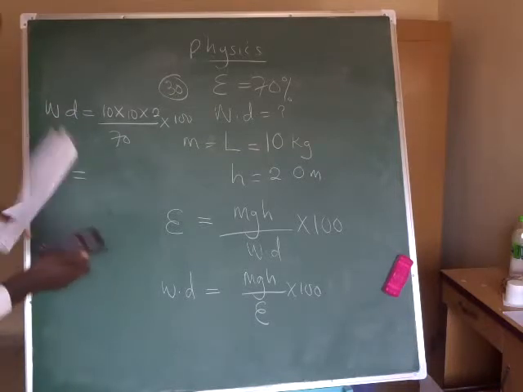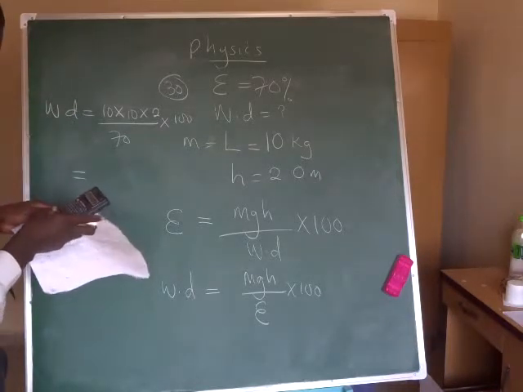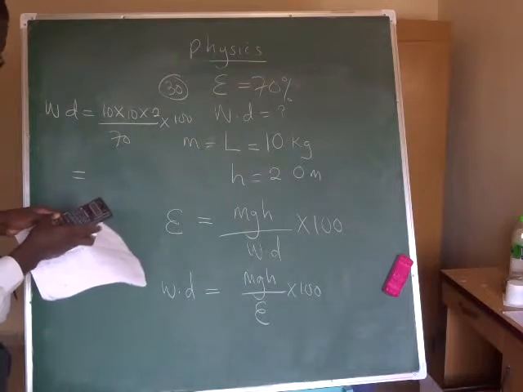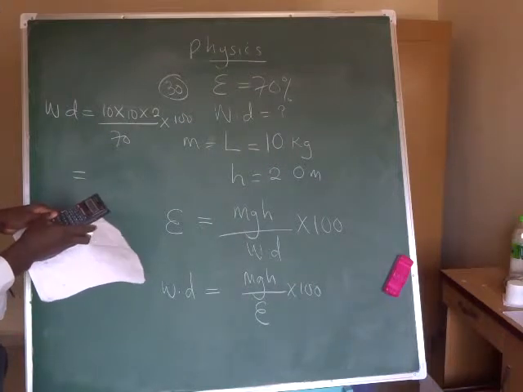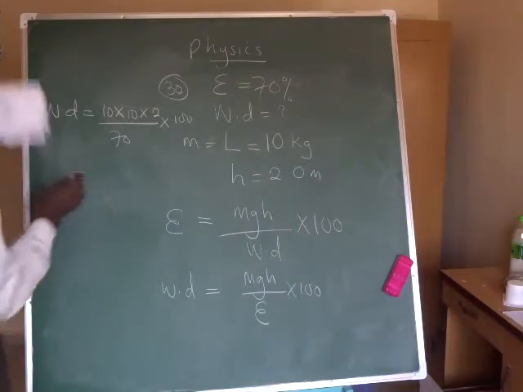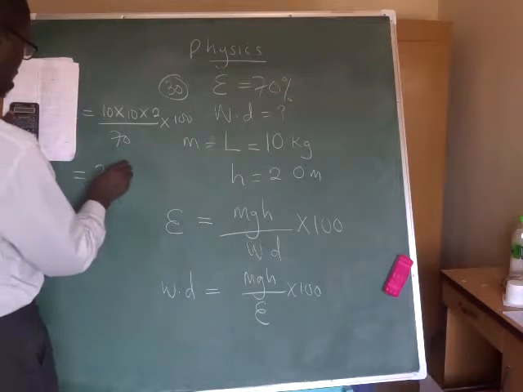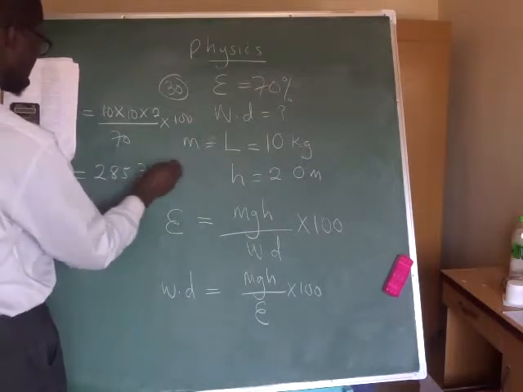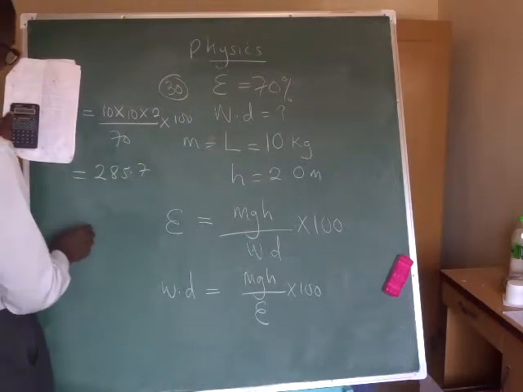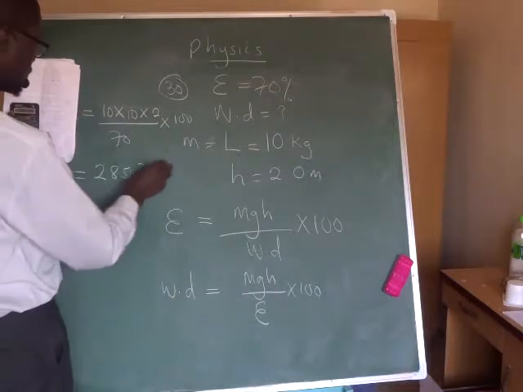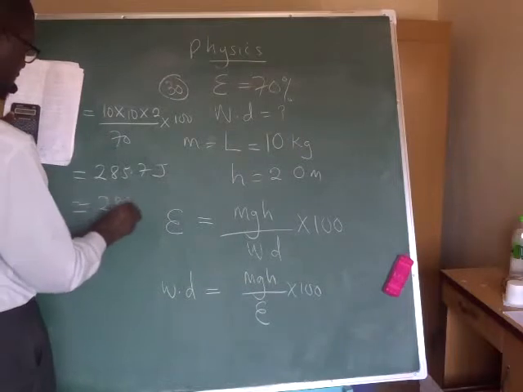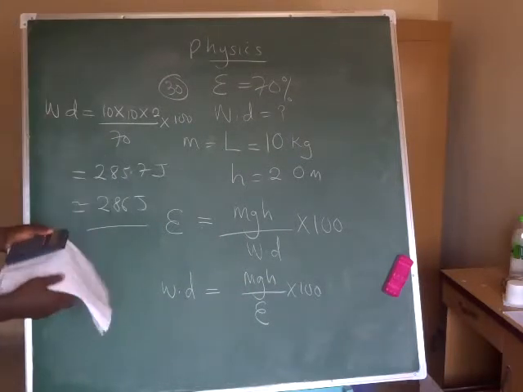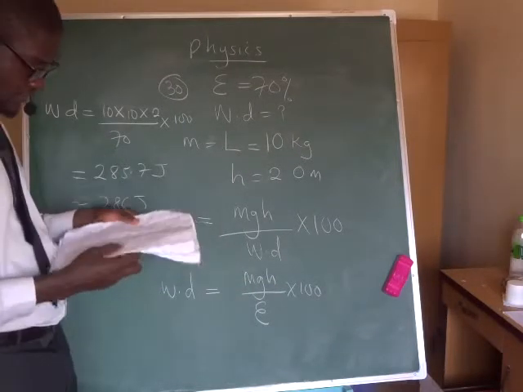So let's see, what do we have? This is 10 times 10 times 2 divided by 70 multiplied by 100. So I have 285.7 joules. This is my work done, or approximately 286 joules.